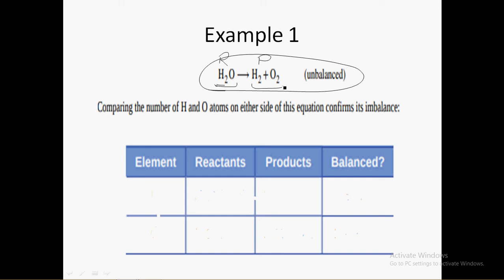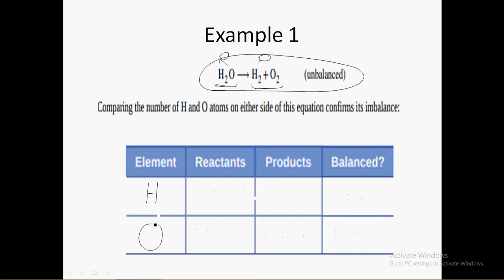R means the reactant, and this is our product. So on the right hand side we have only hydrogen and oxygen.